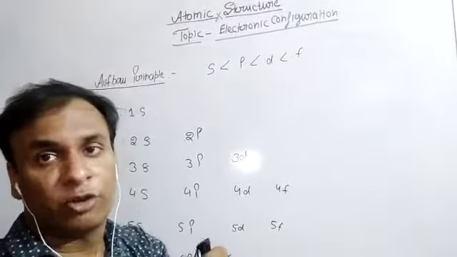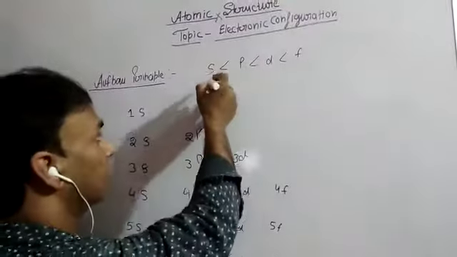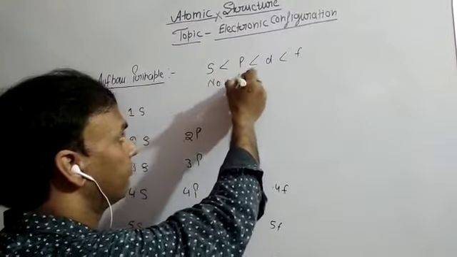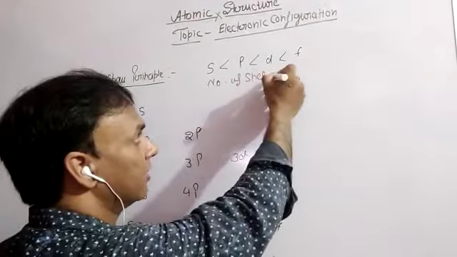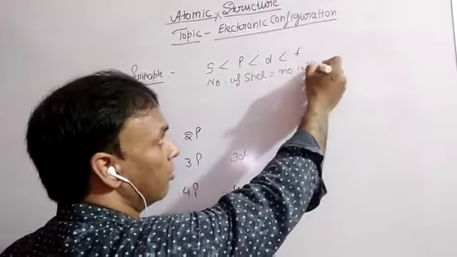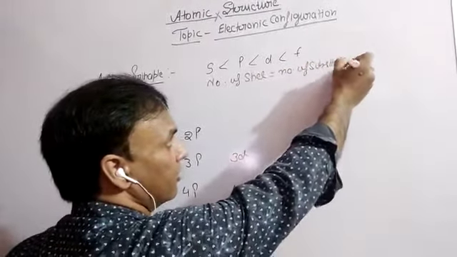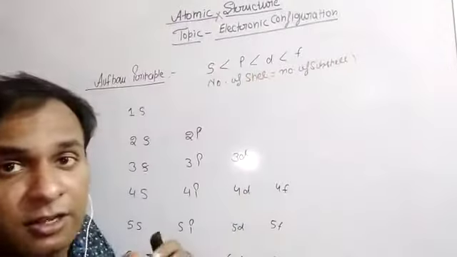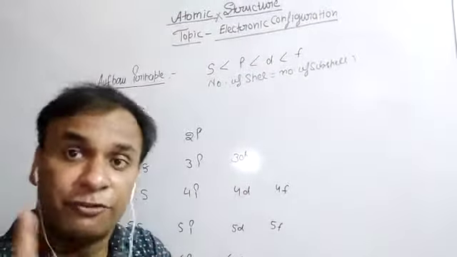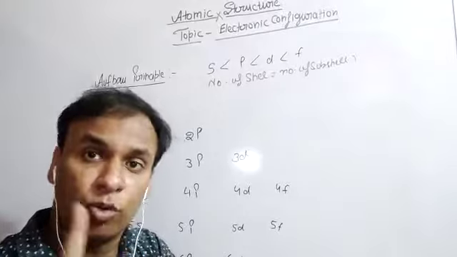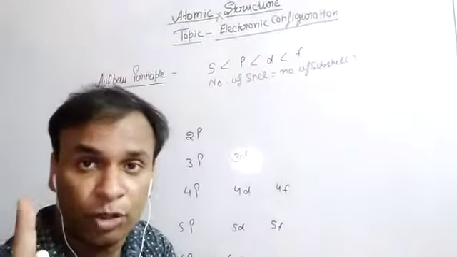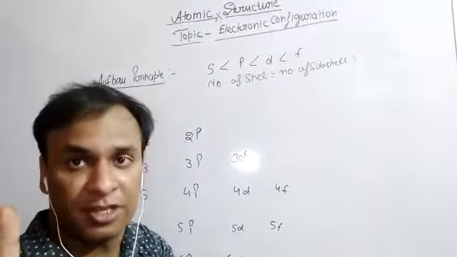The first concept of the Aufbau principle is that the number of shells equals the number of subshells. What do you mean by this statement? It means the first shell contains only the s orbital, because the number of shell is 1, so only one subshell is present.